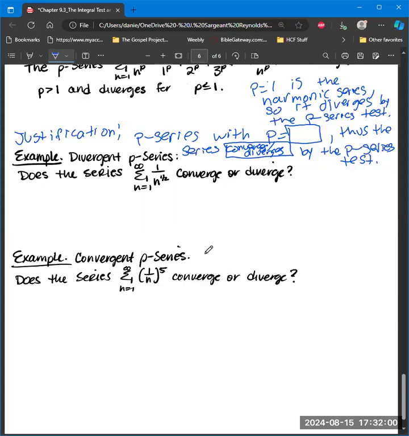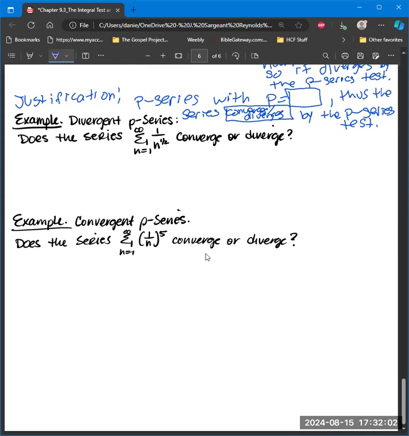Divergent P series. Example here: does the series 1 over n to the 1/2 from n equals 1 to infinity converge or diverge? So this is a P series with P equals 1/2.